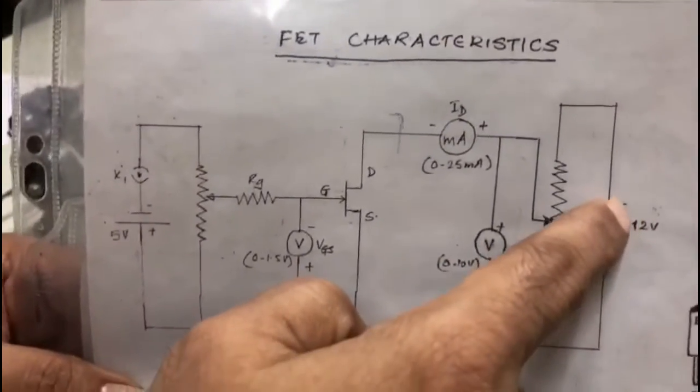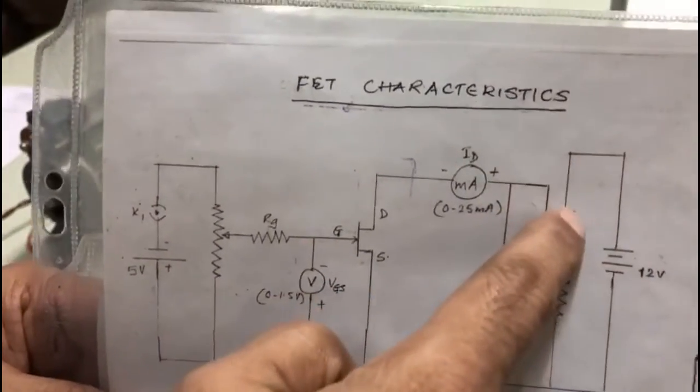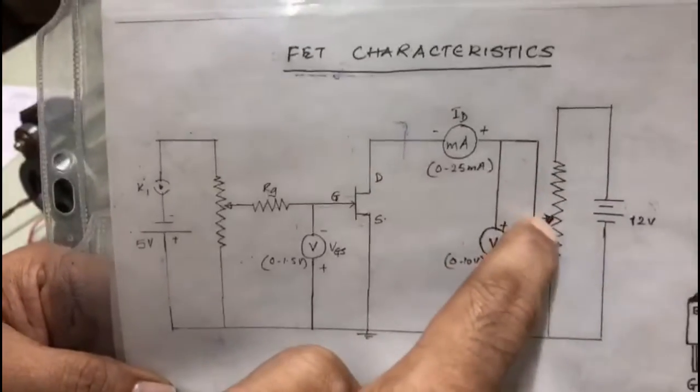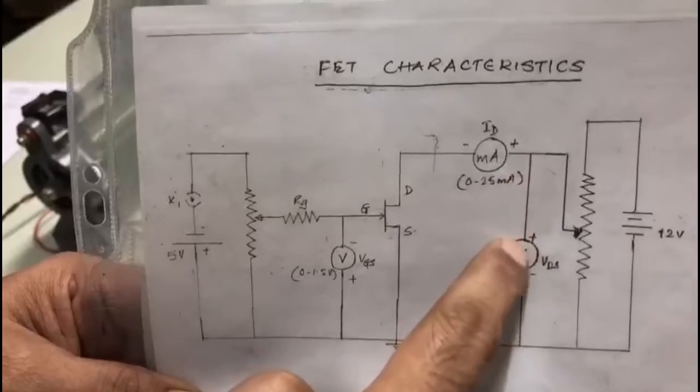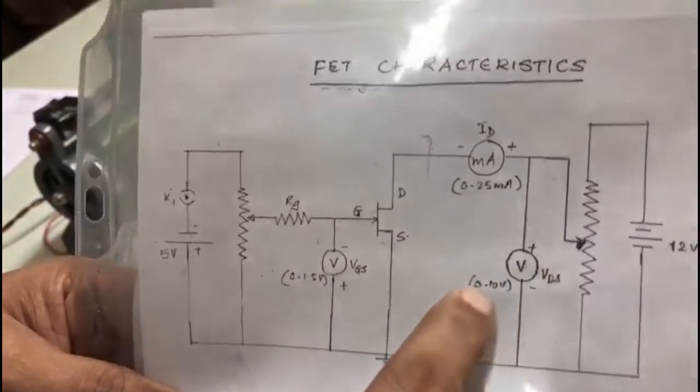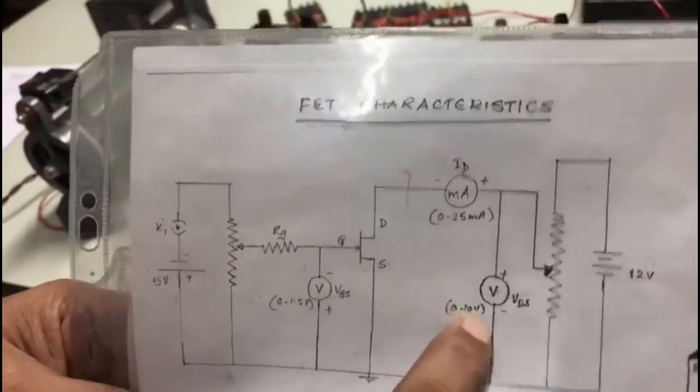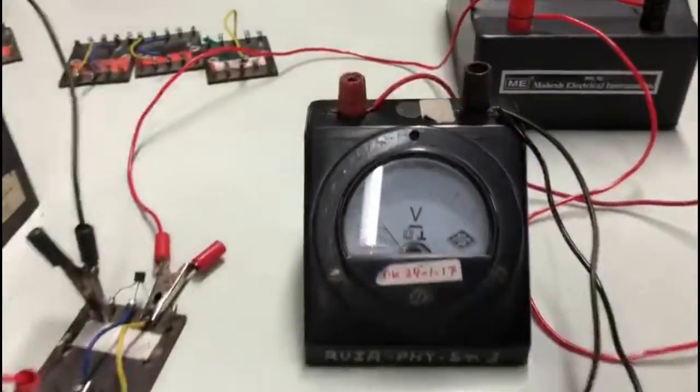From the positive end of the 12 volt supply, it goes to the rheostat, and from the rheostat variable connector, it goes to the positive of milliamp as well as positive of the voltmeter. Here we are connecting 0 to 10 volt voltmeter, and 0 to 25 milliamp over there.